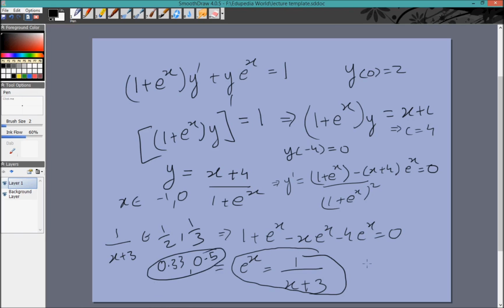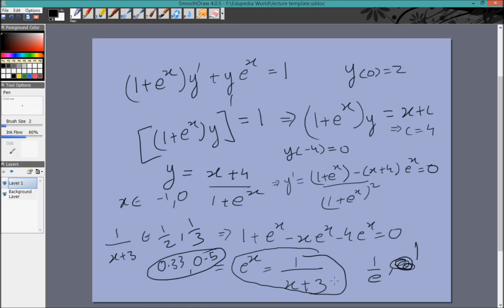Right, e to the power x goes from minus 1 to 0, that is 1 by e to 1. Now you will actually find, if you calculate the value of 1 by e, that 1 by e to 1 and 0.33 to 0.5 do have some overlapping range. Right, 1 by e is not greater than 0.5, because e is greater than 2.